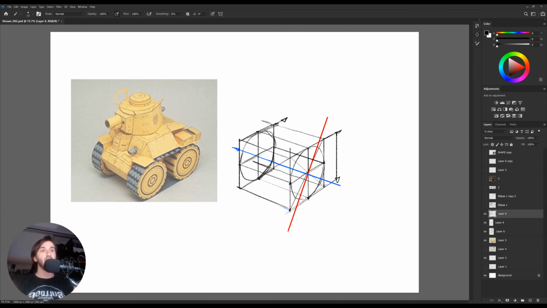So in here I can make a small gap between them, and then I can try to draw the second wheel, the second square in the back, by using the method of projecting the lines through the middle.